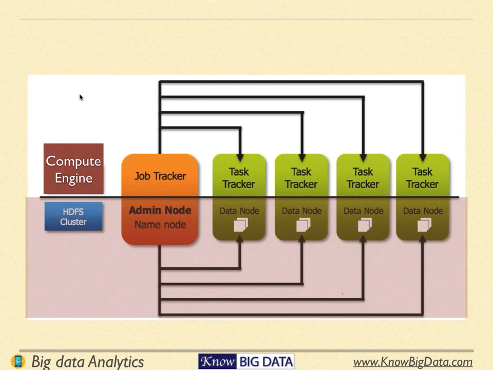On these 100 computers you have one process running called data node and another process running called task tracker, and you have a 101st node on which you have put a name node, and also a job tracker. Now you ask this job tracker, hey, here is my 200 terabyte data.